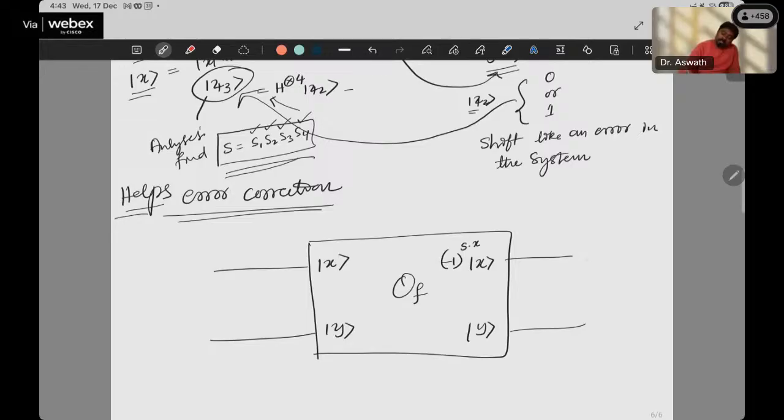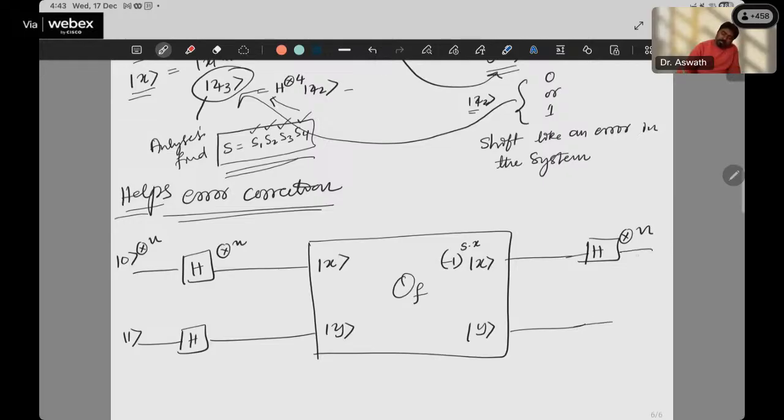By analyzing the output, there is a Hadamard here, N Hadamards, and there are Hadamards here too.